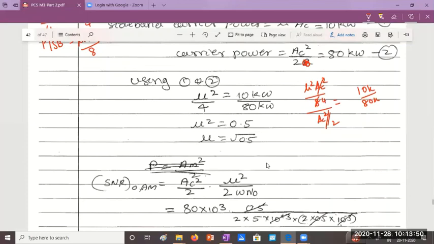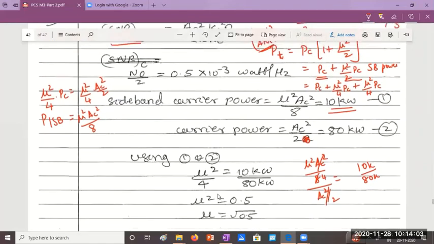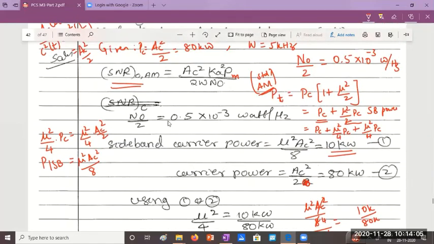Finally, what is the expression for SNRO? We know SNRO is given as Ac square mu square by how much? We had written it here, right? Ac square Ka square Pm. How will I replace Ka square Pm with mu? Single tone. Ka into Am is mu.